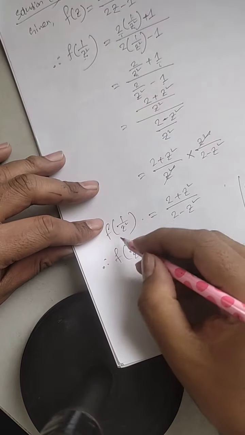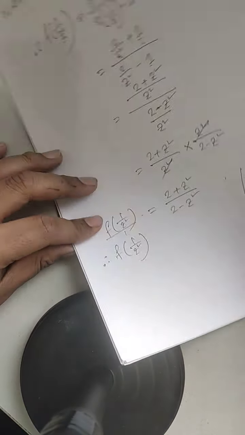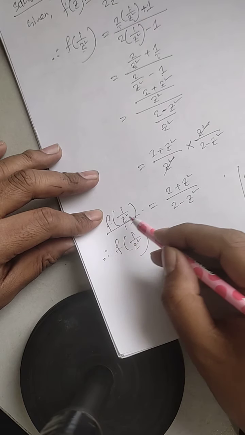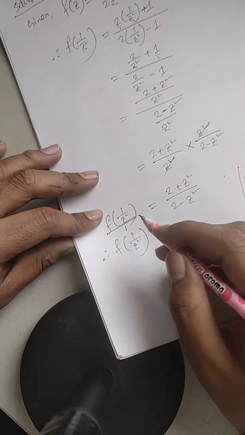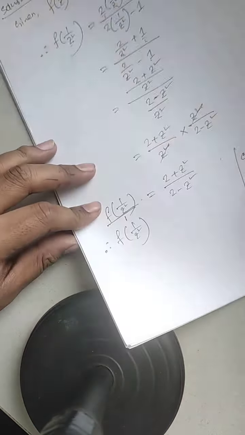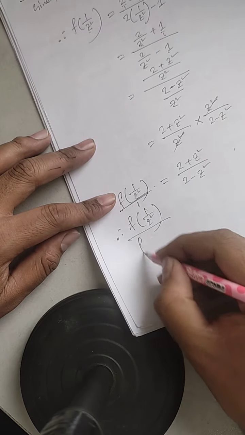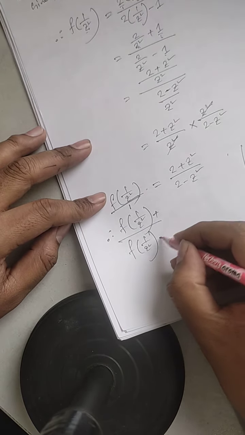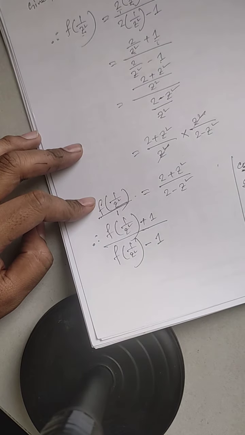We know that there is a 1 under each and every number. So f(1/z²) divided by 1, we can do the componendo dividendo here: f(1/z²) here and f(1/z²) here, then plus, then minus, then 1, and here also 1.